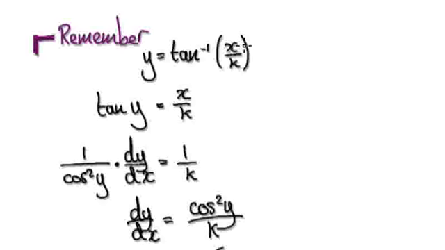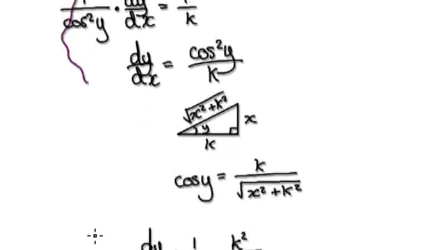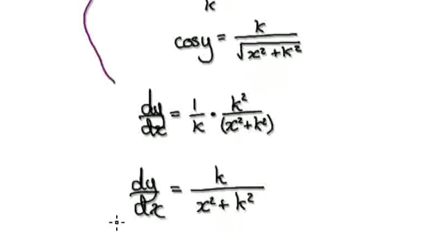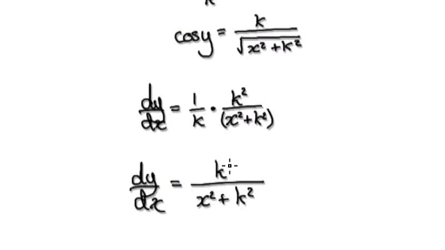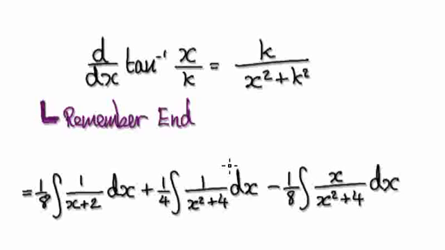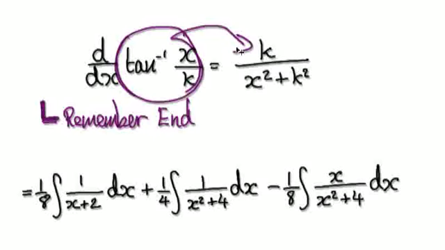If you try and differentiate x over a constant, it will then give you, we've done this many times, this. Okay, and we've done this many times. So I'm not going to go through it again. Well, if you differentiate this, it will then give you this.